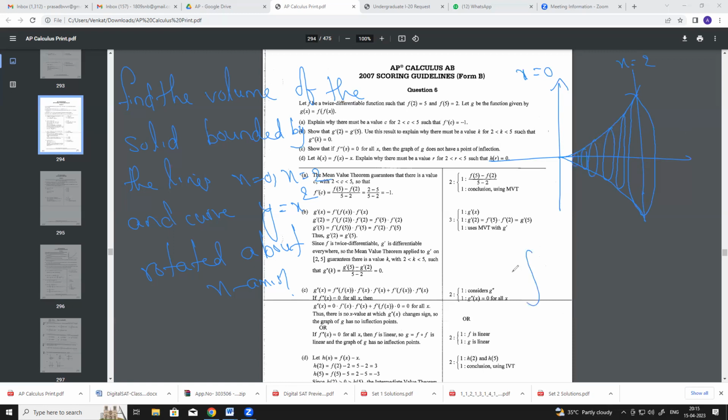So pi into integral of 0 to 2, f of x whole square into dx. What is f of x? X square. So x square whole square into dx. Do that, that will be your answer. So if you are able to divide into discs, it is pi into integral of a to b, f of x whole square into dx.